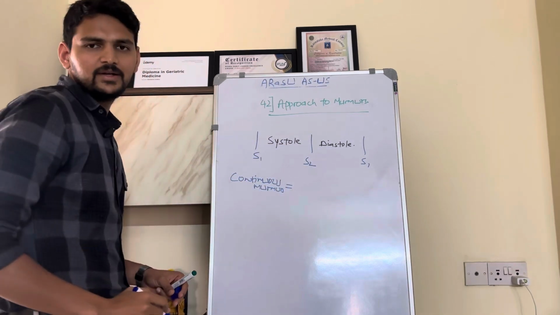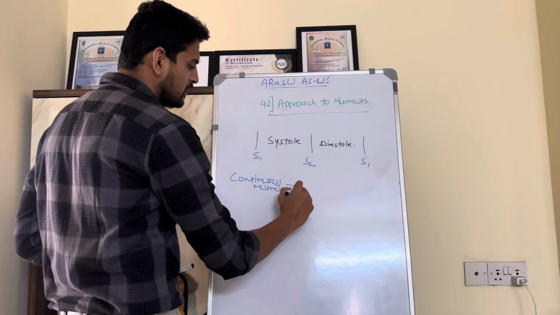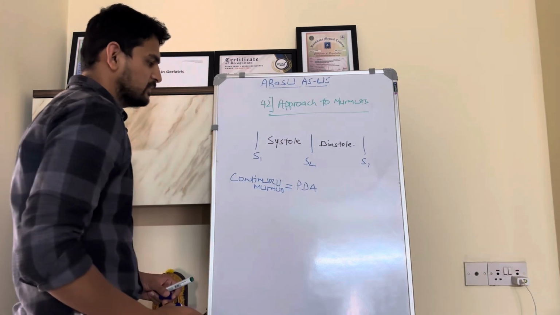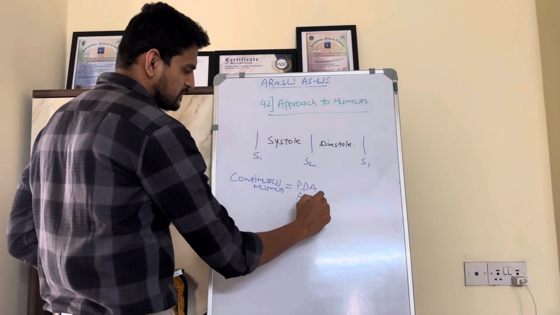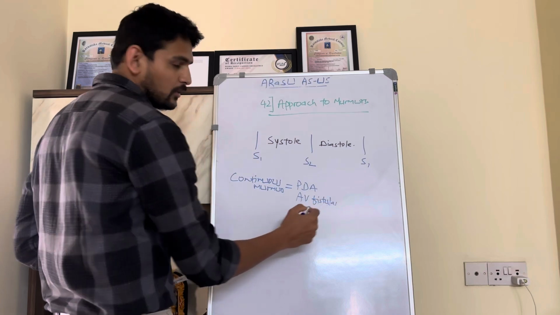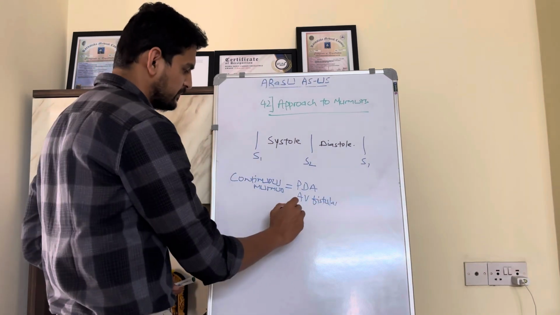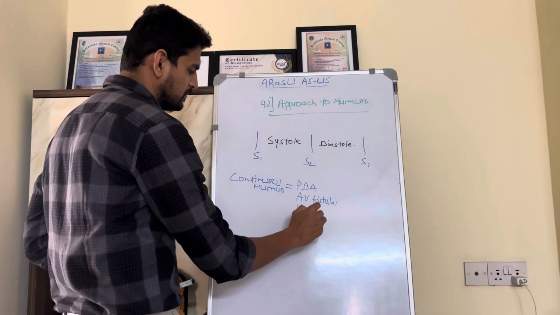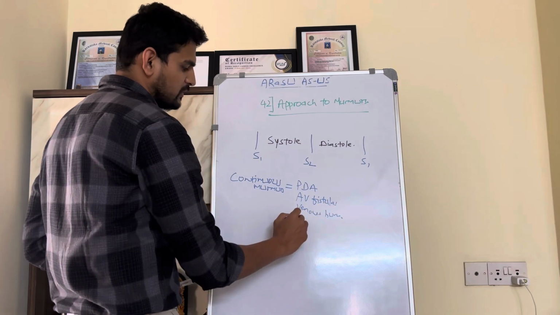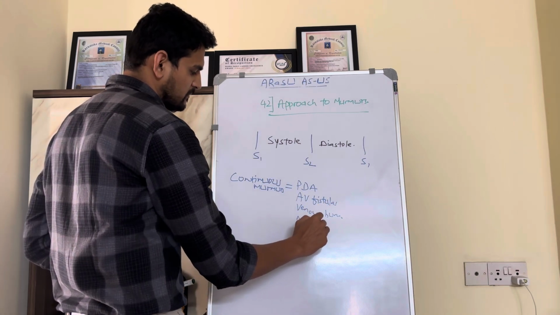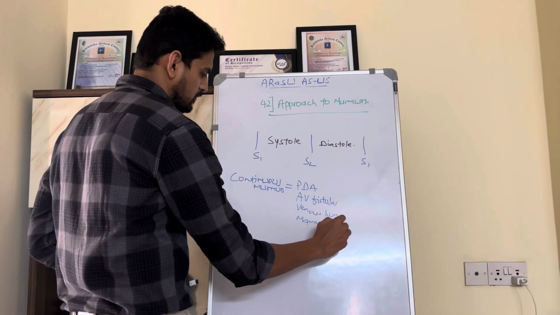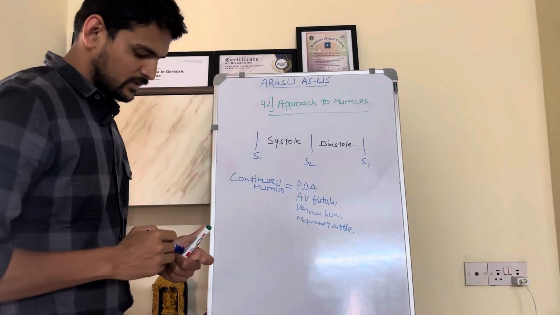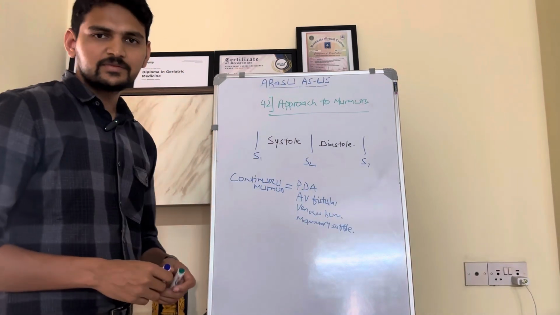That's why they are called continuous murmurs. The commonest examples are patent ductus arteriosus, arteriovenous fistulas commonly created for hemodialysis, venous hum, even mammary souffle. These are some reasons for continuous murmurs.